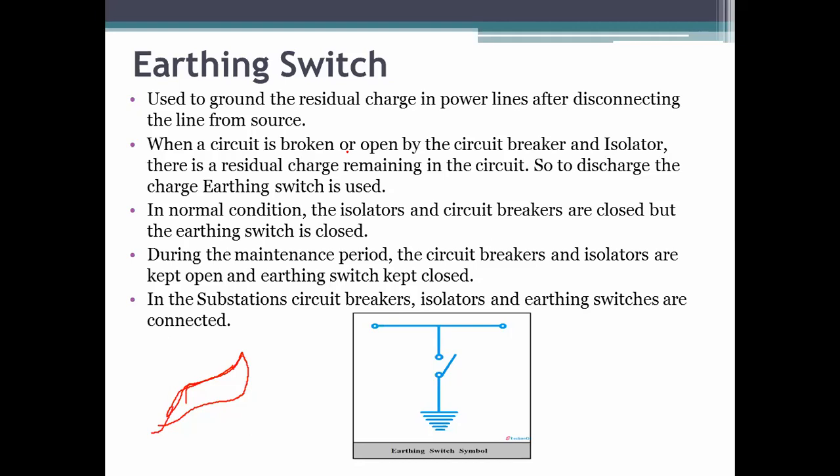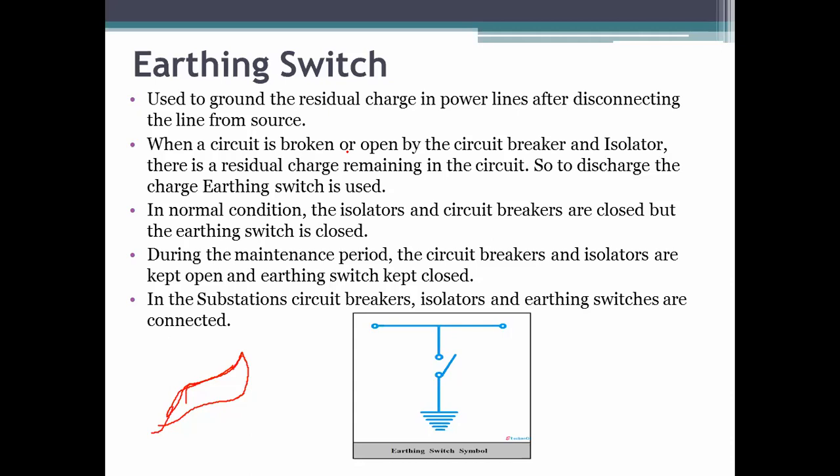During the maintenance period, the circuit breakers and isolators are kept open, and the earthing switch is kept closed. So when we are doing any maintenance of the circuit breaker and isolator, we open these circuit breakers and isolators, and we just close this earthing switch.